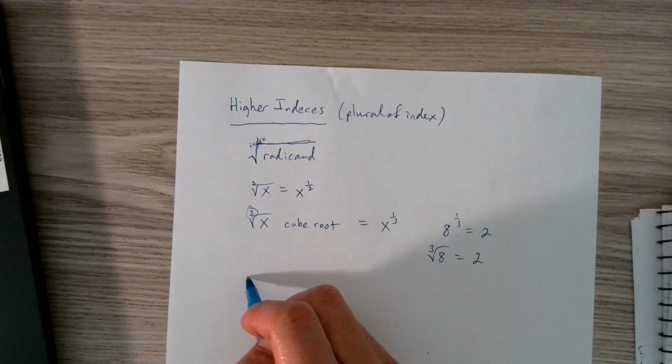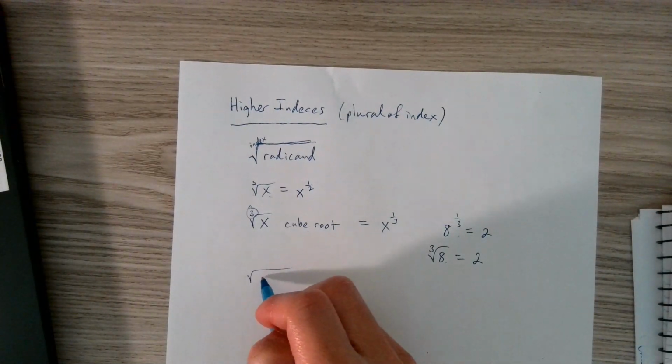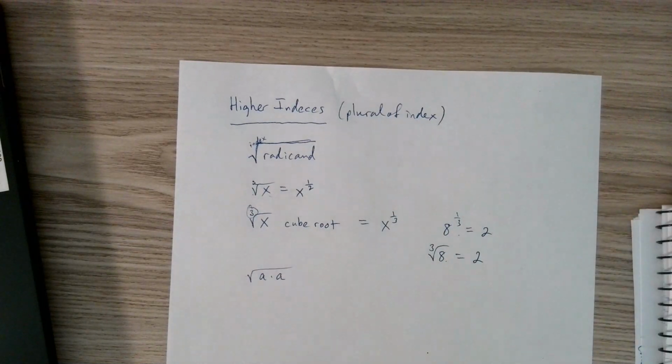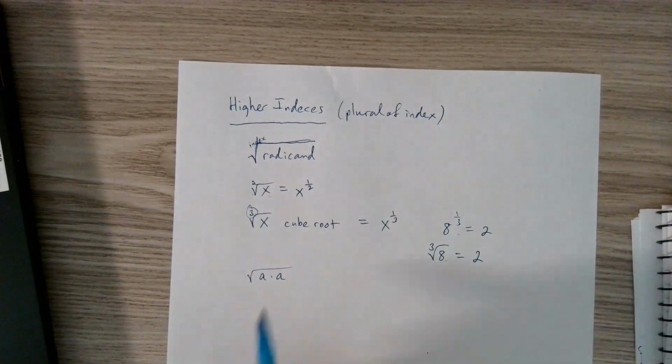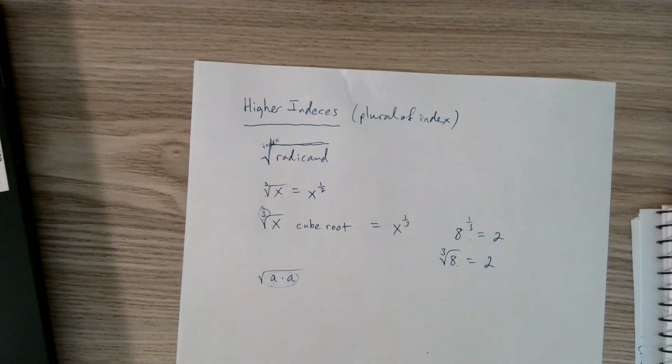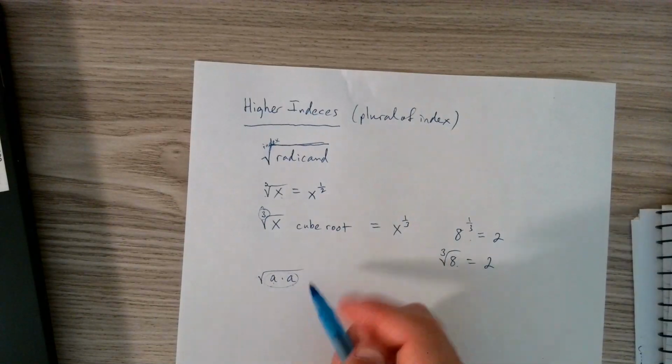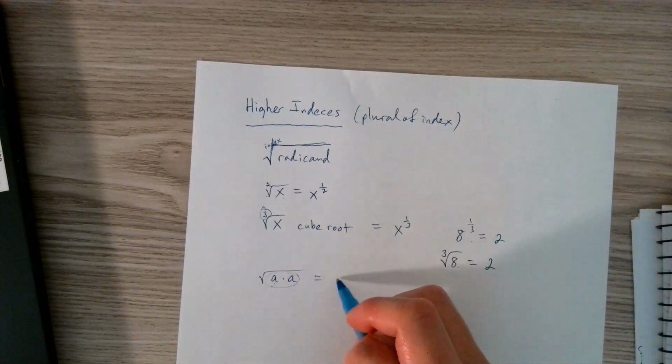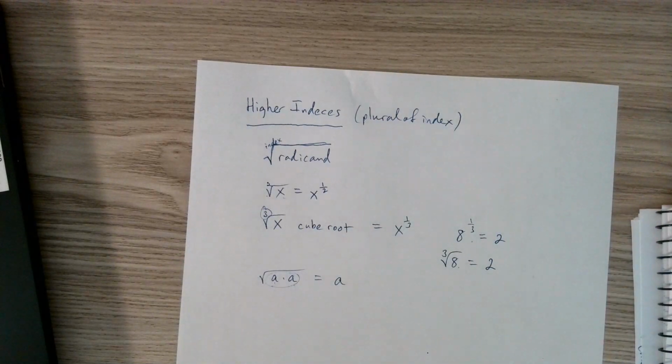So let's review what we do with square roots first. When we're doing square roots, whenever we see a pair of identical factors in a square root, that's good because we know that pair of factors in the radical is going to lead us to that factor without the radical.